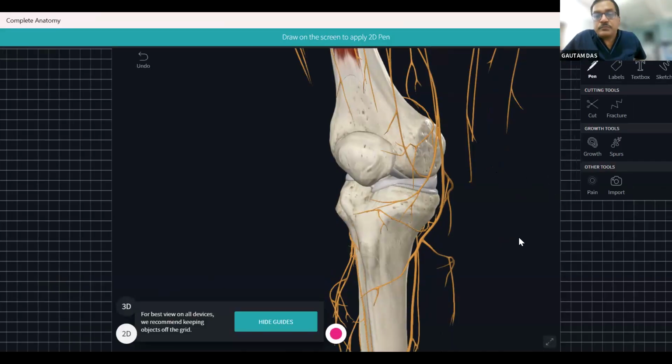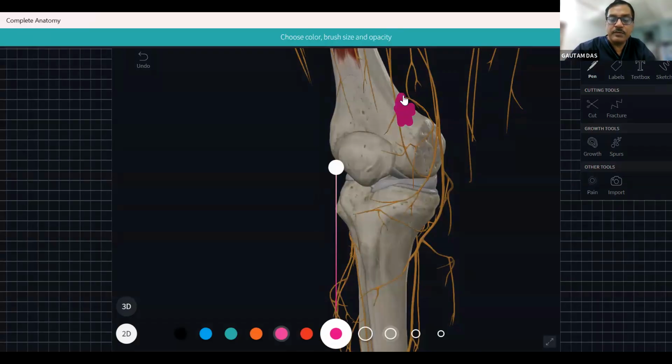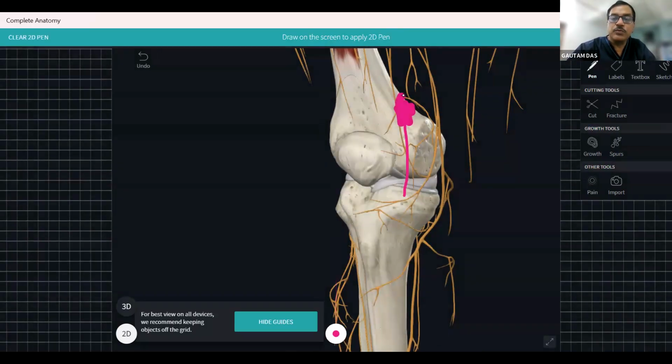So after the vastus medialis, one of the ligaments there, the most superficial layer, is your medial patellar retinaculum. It comes vertically down.